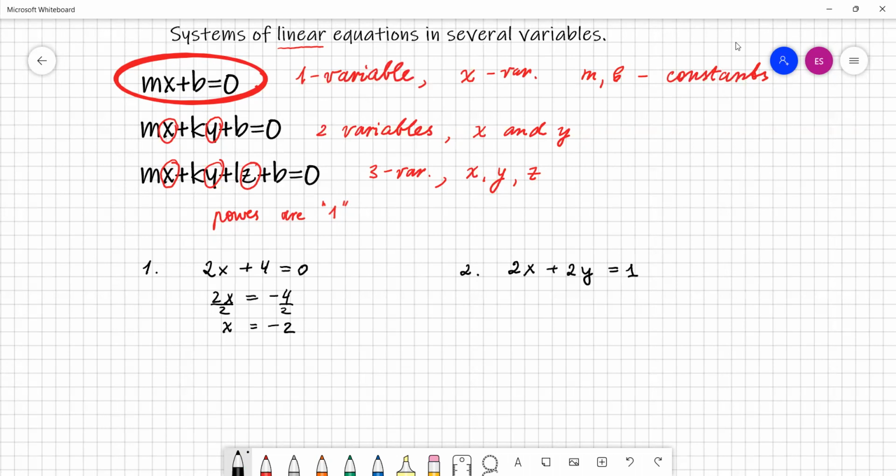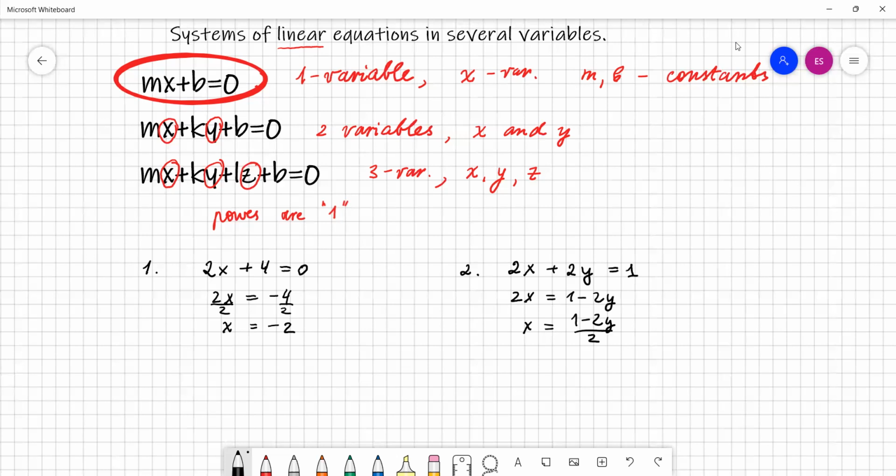If we continue working the same way we were working here, we're going to have what? 2x equals 1 minus 2y, and x equals (1 minus 2y) over 2. It still has y, so that's not a solution. Why does it happen? Because when an equation has two variables and just one equation, there is some degree of freedom of variables x and y here.